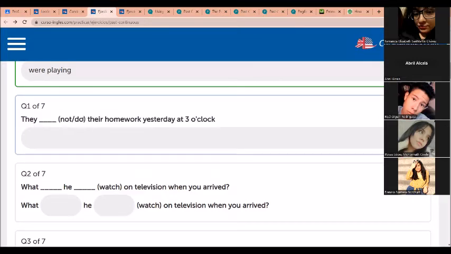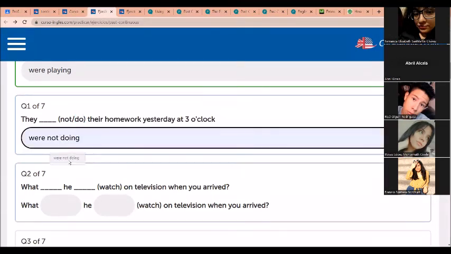And the do? Your action verb goes in ing. One more time. They were not doing homework yesterday at 3 o'clock. Repeat. They were not doing their homework yesterday at 3 o'clock. Good. Fernanda Elizabeth, number 2.